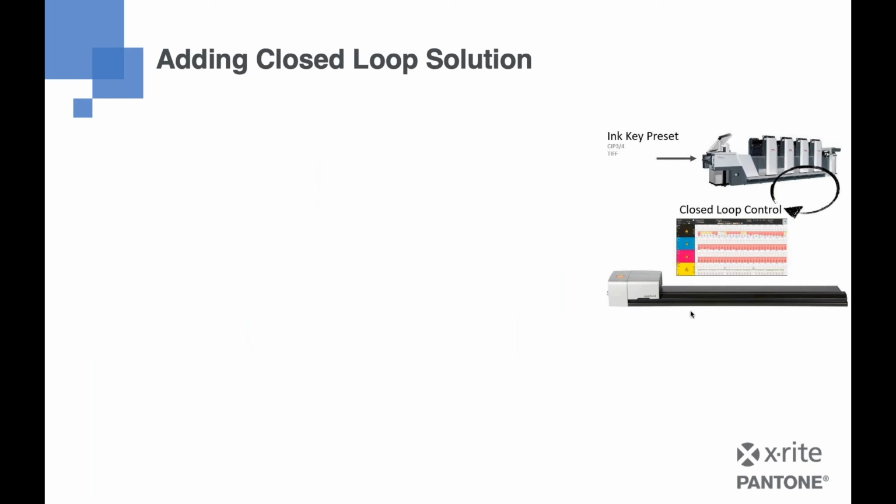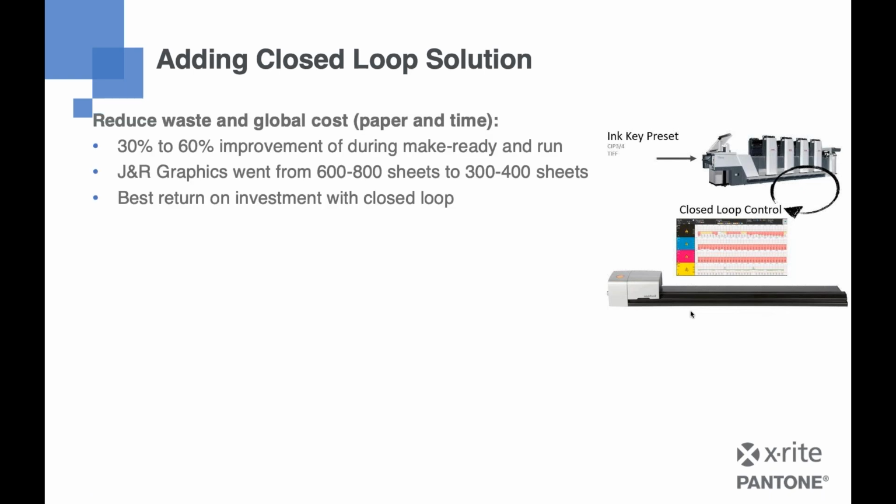And beside the software, I would like to mention adding a closed loop solution. A closed loop solution is the connection between IntelliTrax, the software, and the press. So the press gets automatically controlled based on the measurement data and adjusted.